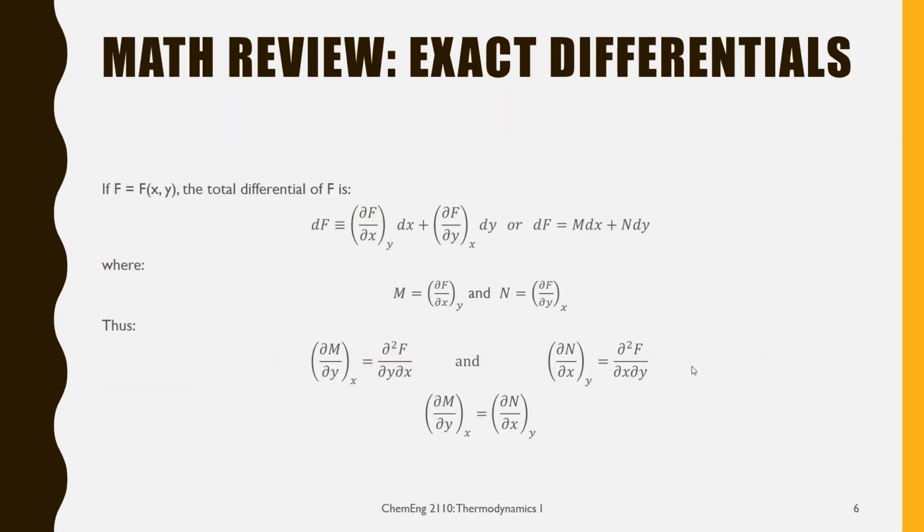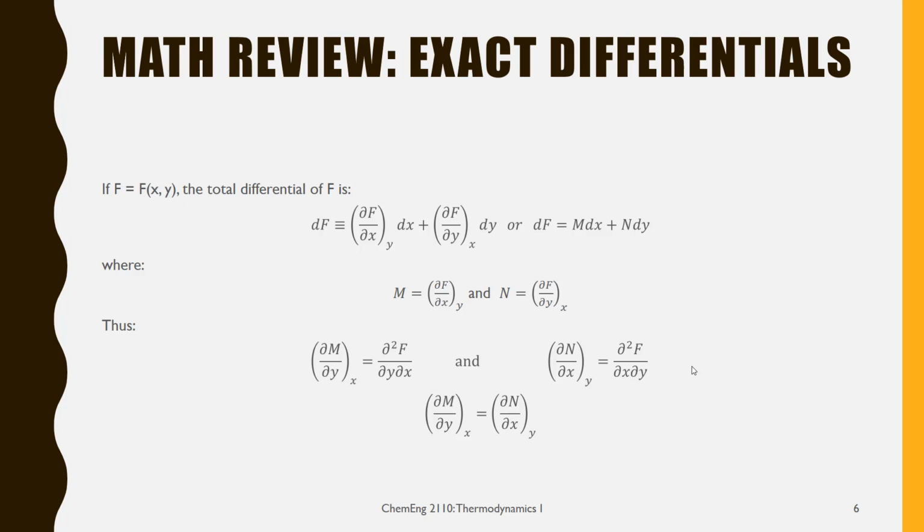If you'll recall from our exact differential definition from mathematics, I can say that df is the partial derivative of f with respect to x times dx plus the partial derivative of f with respect to y times dy. Or I can call this M dx plus N dy, where M is the derivative of f with respect to x holding y constant, N is the derivative of f with respect to y holding x constant.